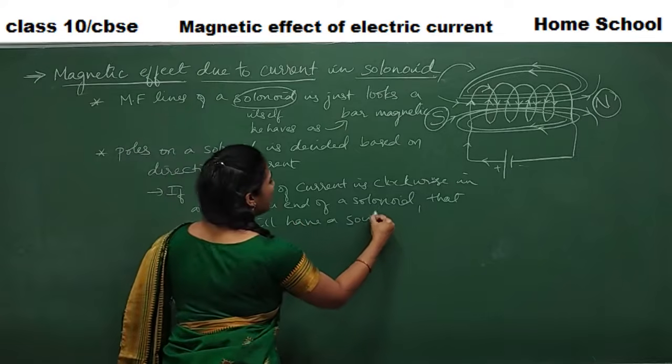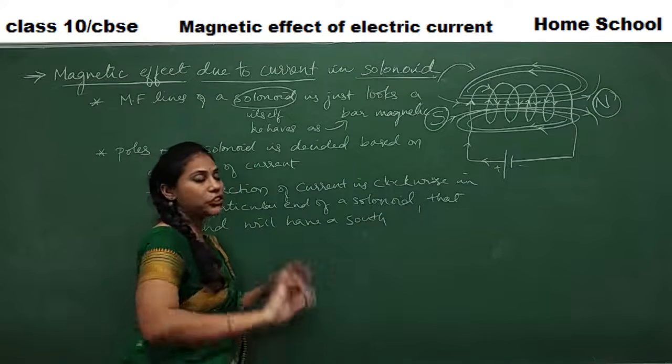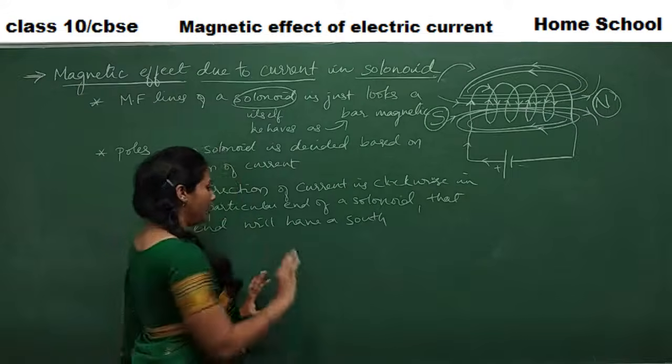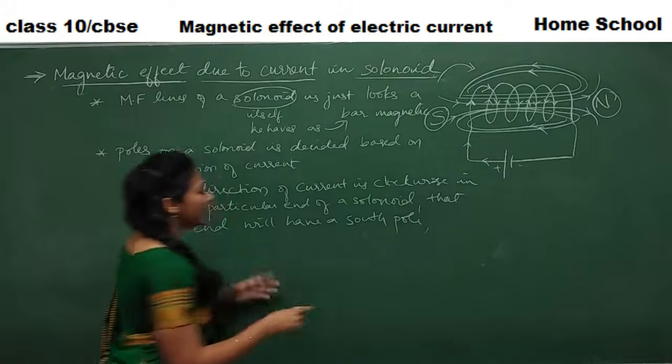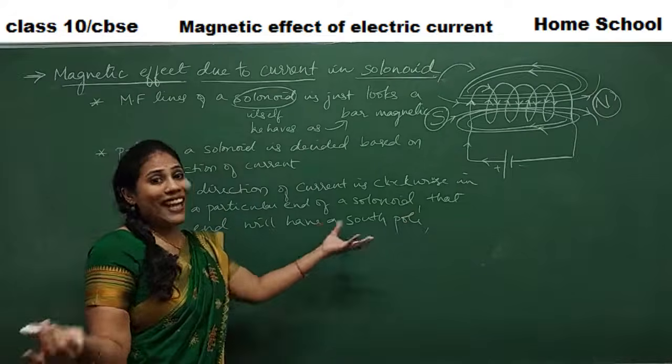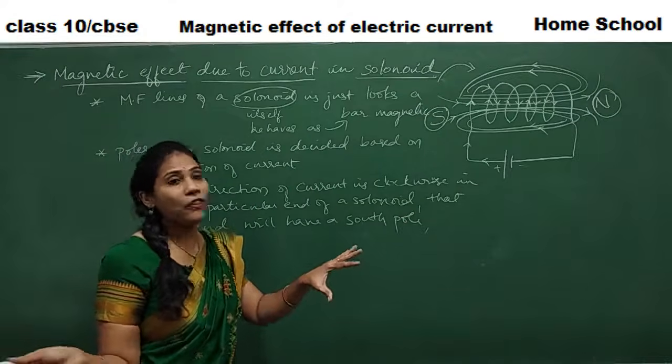Okay, I'm mentioning it in very simple language just to make you understand clearly. So that end will have a south pole, and the end with anti-clockwise direction of current.